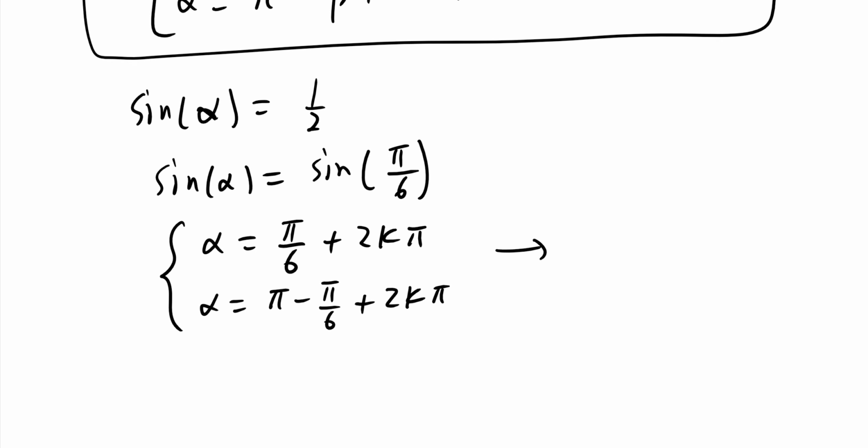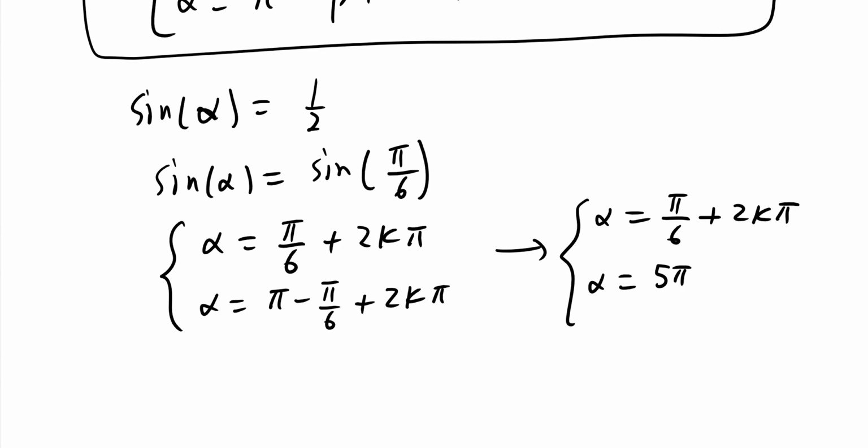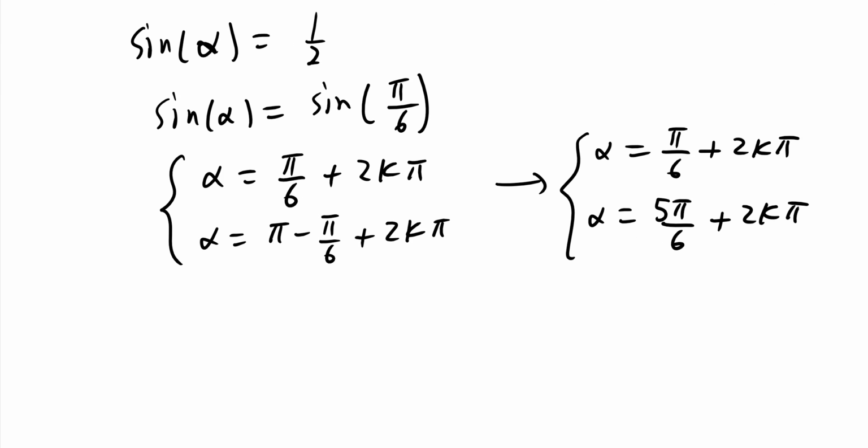If we simplify the second equation, keeping the first the same, it would be always nice to say k is an integer. That's 5 pi over 6 plus 2k pi. Okay, now this will generate all the solutions to that equation.